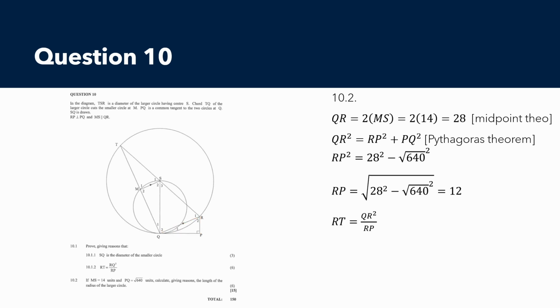But previously I've proved that RT is equals to QR squared divided by RP. Substituting in everything I know in this equation, RT is equals to 28 squared divided by 12. And hence, RT is equals to 196 divided by 3, and RT is equals to 65,33.